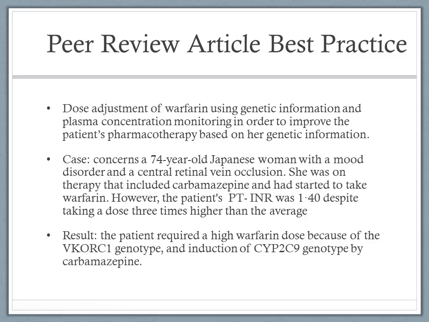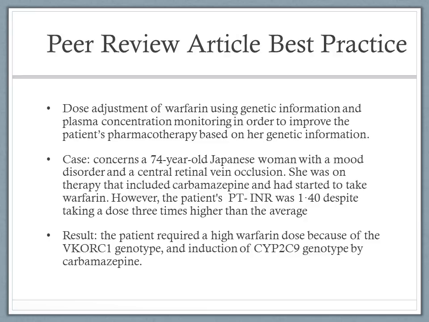The second peer-reviewed article shows that genetic information and plasma concentration are beneficial in dose adjustment of warfarin. A 74-year-old Japanese woman could not achieve the therapeutic level of PT and INR despite taking a warfarin dose 3 times higher than average.